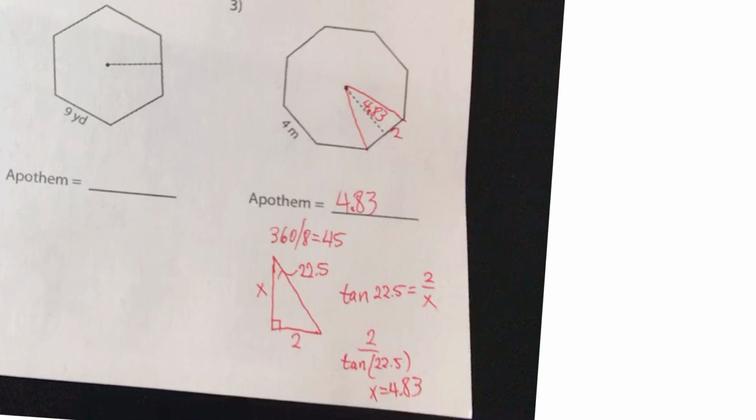Okay, now we're looking for this. All right, so we're going to do tan of 22.5 equals 2 over x. So since x is on the bottom, we're going to divide. We're going to do 2 divided by tan of 22.5. All right, so again, make sure you're in degree mode right here. And then we're going to go 2 over tangent of 22.5.